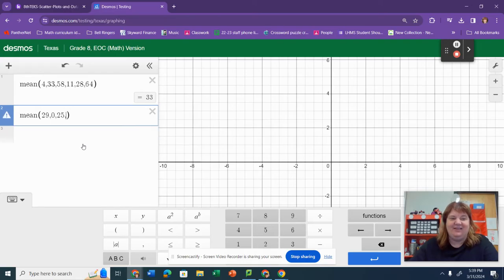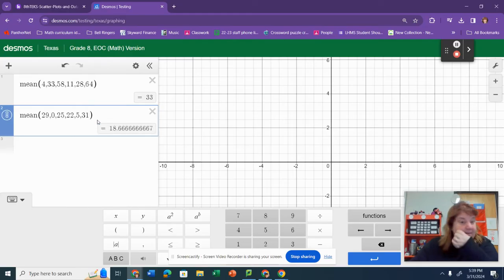If you need to use the calculator down here, you can do that. 33 to 11 is 22. Yeah, 22. And then 33 to 28 is 5. And then 33 to 64 is 31. Okay, so 18.7.